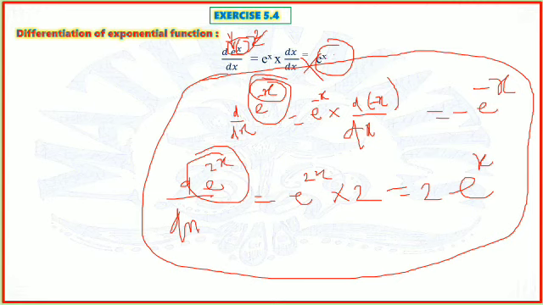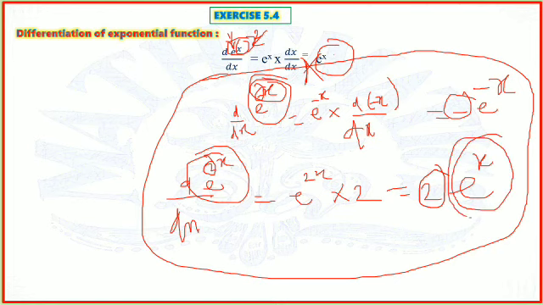That means whatever power there is, that coefficient you will write in a multiplication form. For example, here the coefficient is minus 1, so you put minus 1. Here the coefficient is plus 2, so you put plus 2, and the exponential function stays as it is.